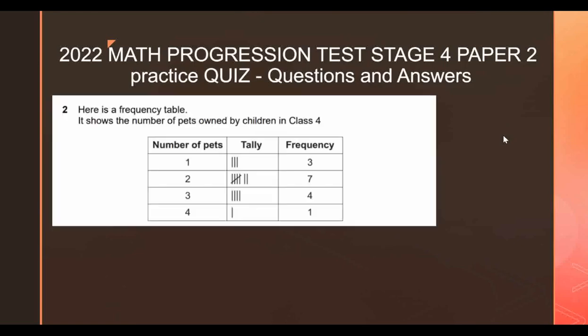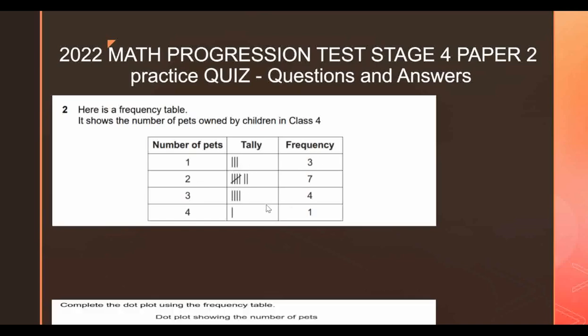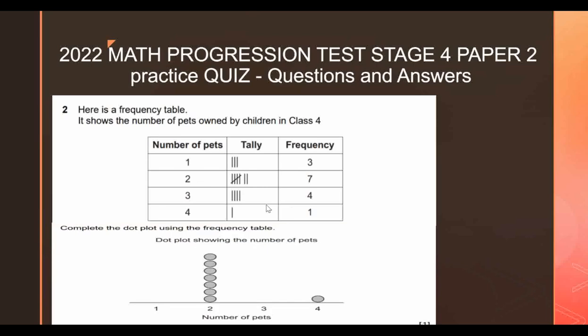So question number 2, here's a frequency table. It shows the number of pets owned by children in class 4. This is number of pets, 1, 2, 3, 4, and the tally. And the frequency from the tally. Next, complete the dot plot using the frequency table. Dot plot showing the number of pets. So here is the dot plot.